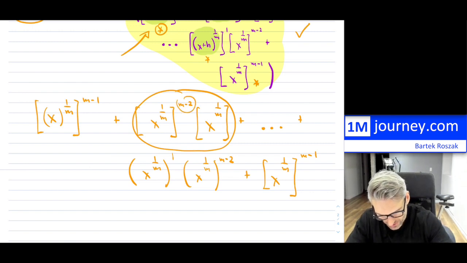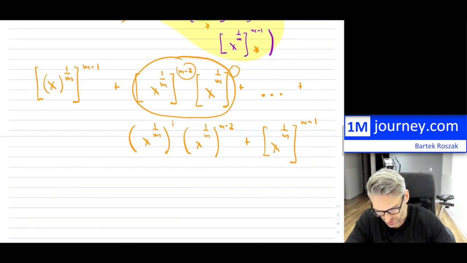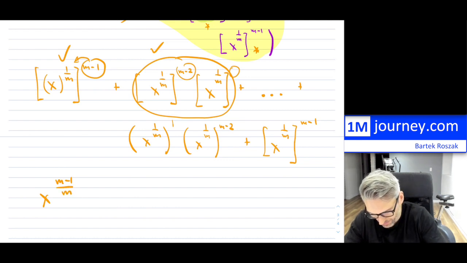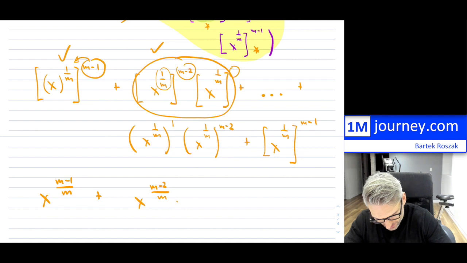If I bring this inside, I'm going to get x to the m minus 1 over m, plus, and then again x to the 1 over m. Let me show it to you so that you can see what's happening.